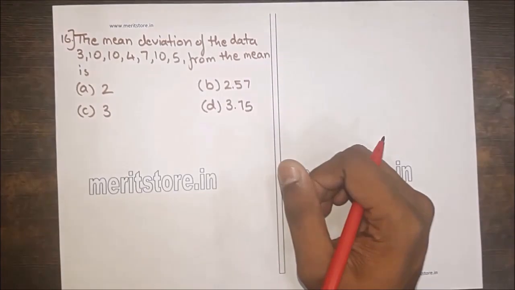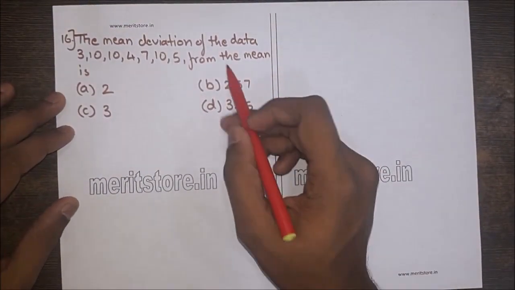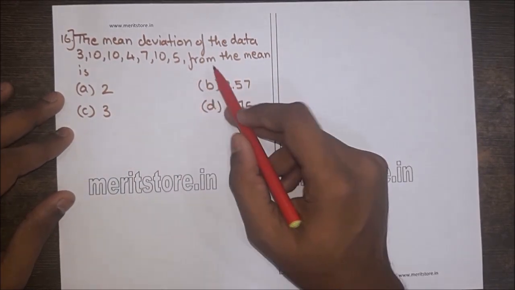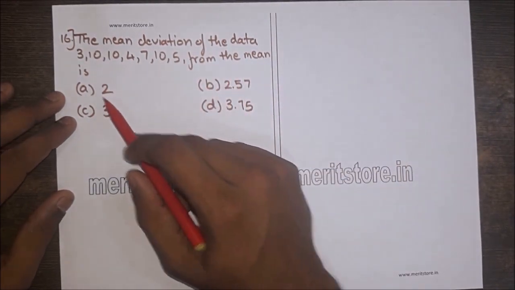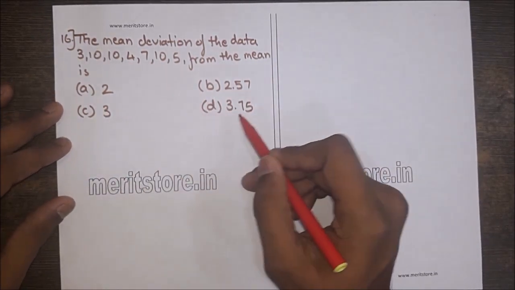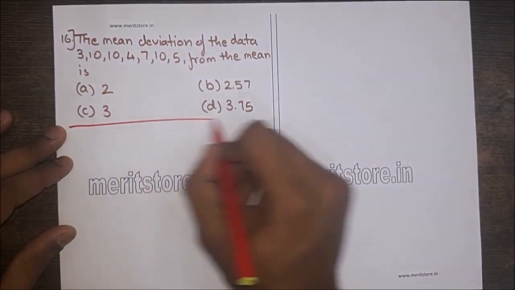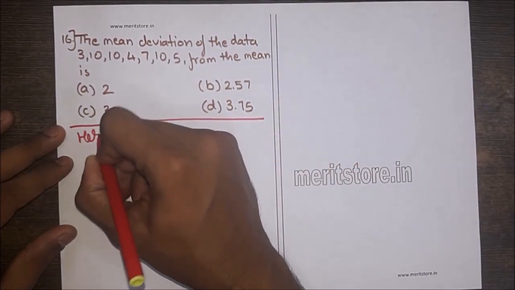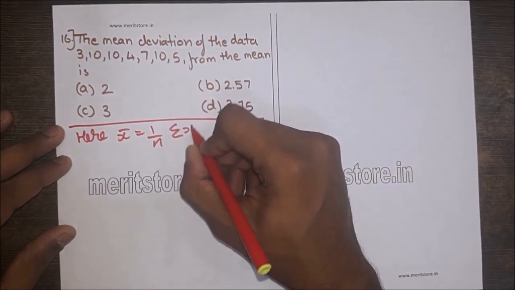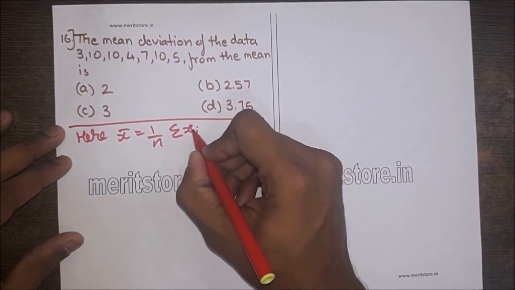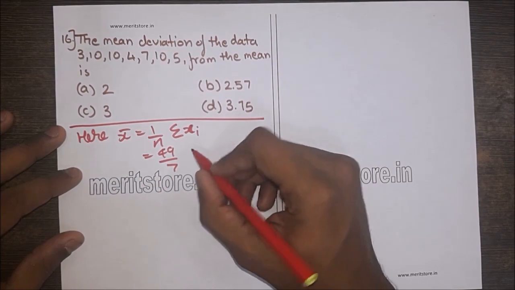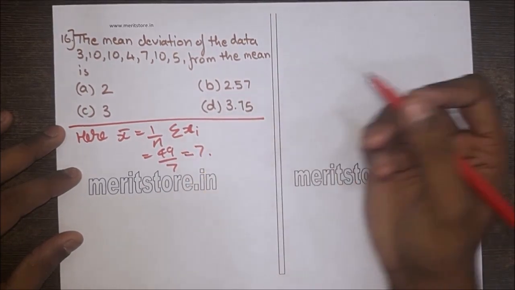0.019. The mean deviation of the data 3, 10, 10, 4, 7, 10, 5 from the mean is A 2, B 2.57, C 3 or D 3.75. So we have here x bar is equal to 1 by n summation of xi, which is equal to 49 by 7, which is equal to 7.